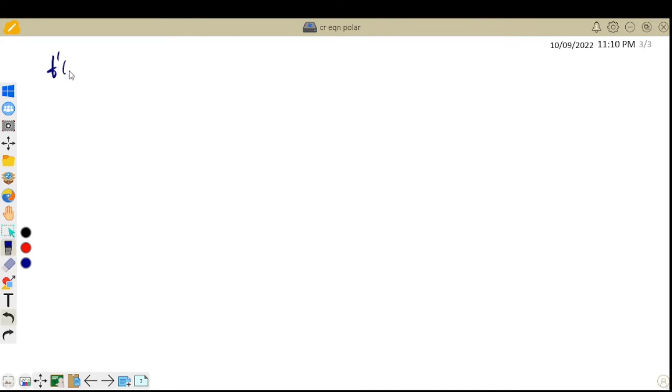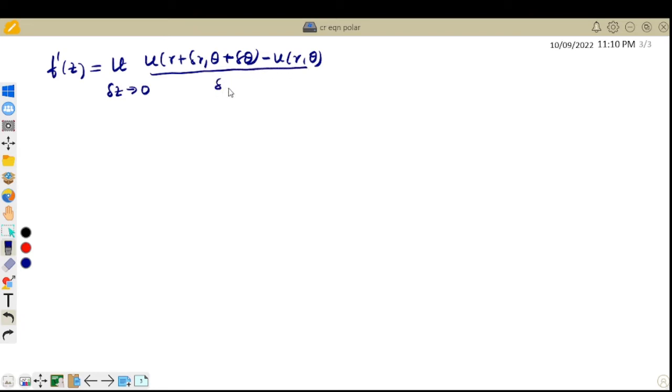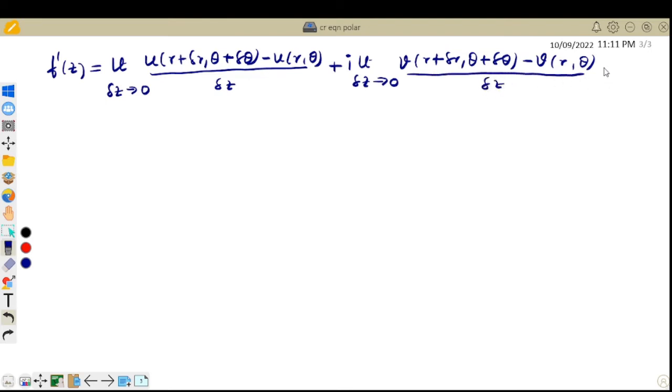That is, f dash of z is equal to the limit as delta z tends to 0 of [u(r plus delta r, theta plus delta theta) minus u(r, theta)] divided by delta z plus i times the limit as delta z tends to 0 of [v(r plus delta r, theta plus delta theta) minus v(r, theta)] divided by delta z, and call it equation number 2.